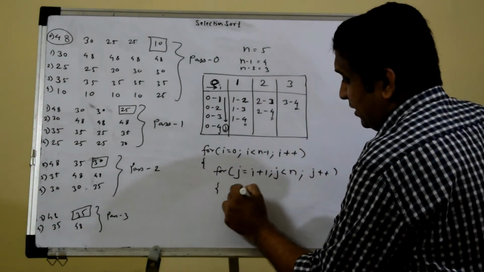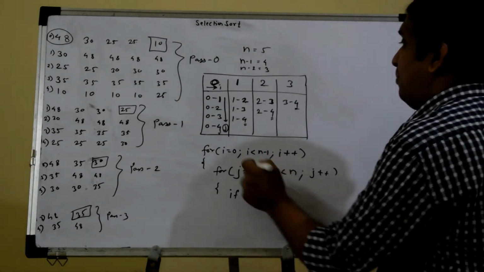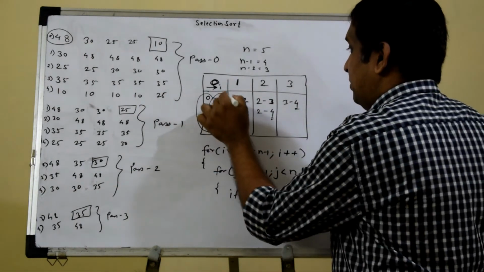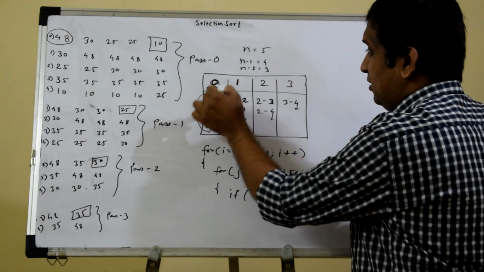In that I will compare the elements. Which elements will I compare? This element is represented as AR of I, and this element is represented as AR of J, because this is the I variable and this is the J variable.